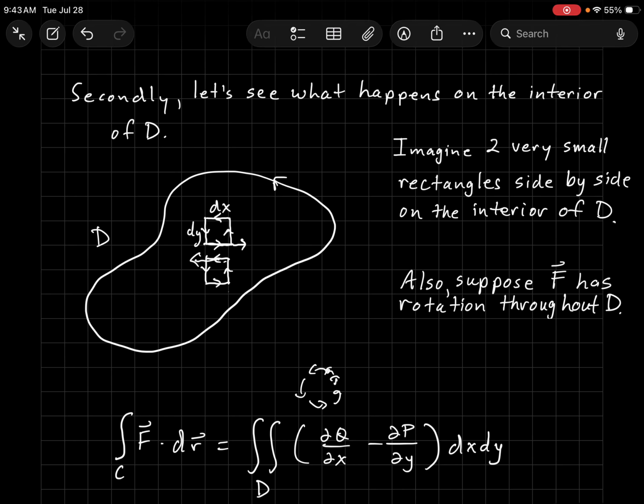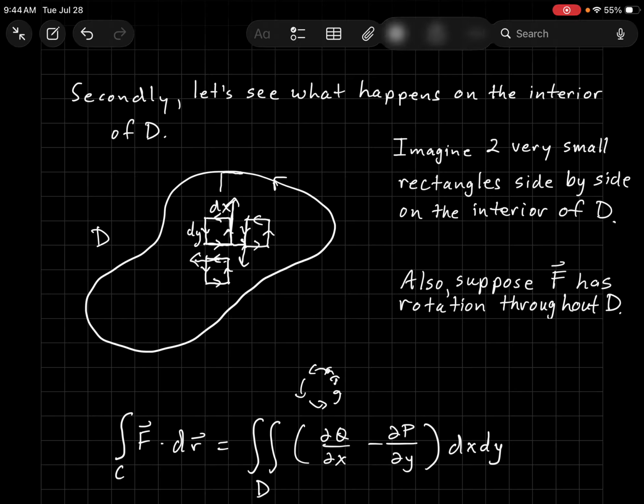So what's happening here is that we have this internal rotation that's always canceling each other out. If I were to draw another dx dy, a little tiny rectangle right next to it, with the same rotation as it would be very close by, notice that this piece and this piece, because of the rotation in opposite directions, would be canceling each other out. So all the internal stuff cancels each other out.